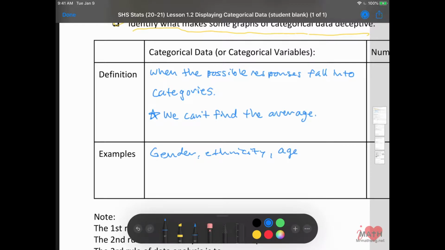Now pay attention, that one is a set of numbers, but it's a range over a set of numbers, not just one particular number. Favorite color, or even your hair color. And the answers to all of these are words. Okay, so that is categorical.